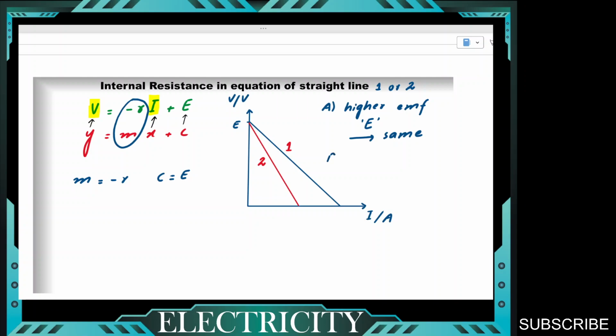Okay, then the follow-up question is, the next question is, and this one is from you, Manur. Which one of these two batteries have higher internal resistance or more internal resistance? Is it battery 1 or battery 2?